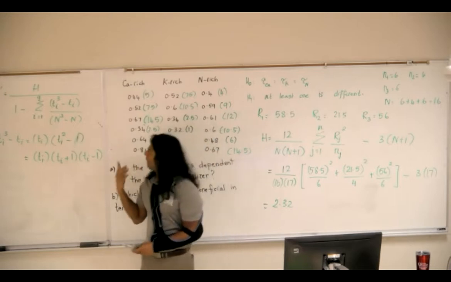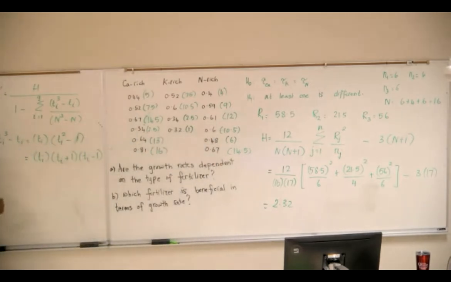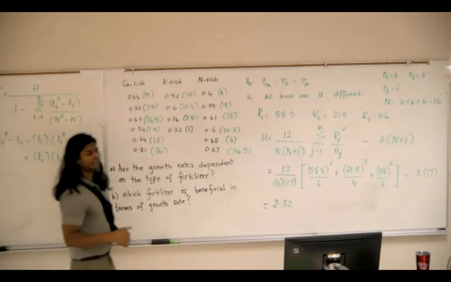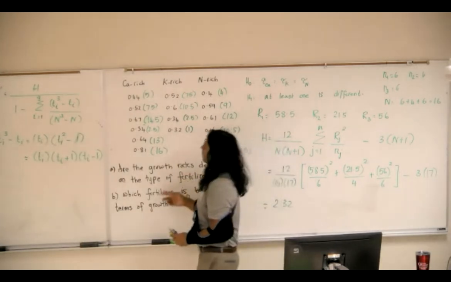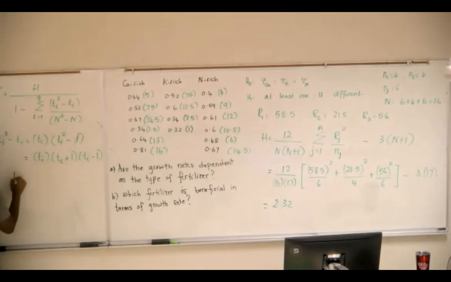If we don't have any ties, how many groups do we have? 3 groups. We'll only look at the ones that have a tie. We don't care about the others. So how many observations are tied in the first group? 3? Is it 3 or 2?